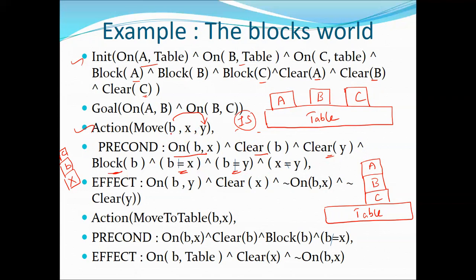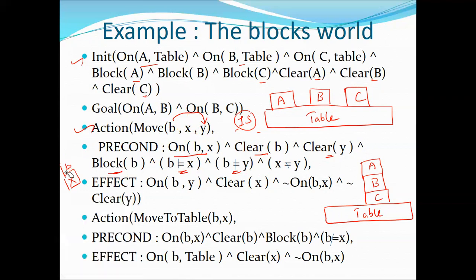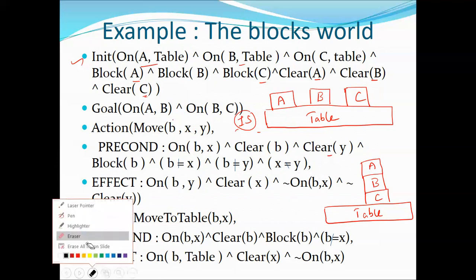If these conditions are satisfied, then we can move the block B from on top of X to on top of Y. Okay, so that is how this action is defined. So once you apply this action, suppose this precondition is satisfied, what will be the result?